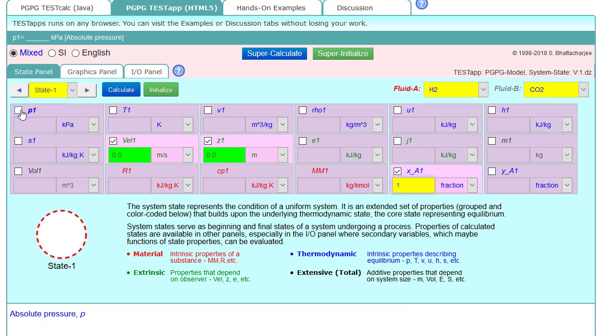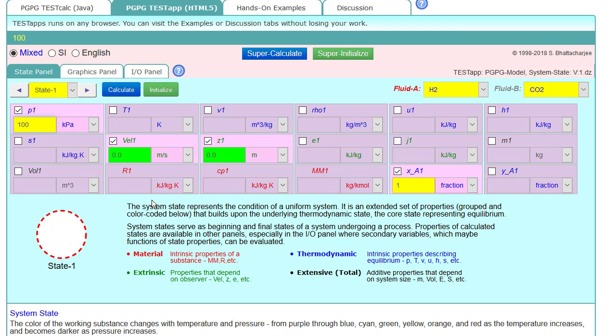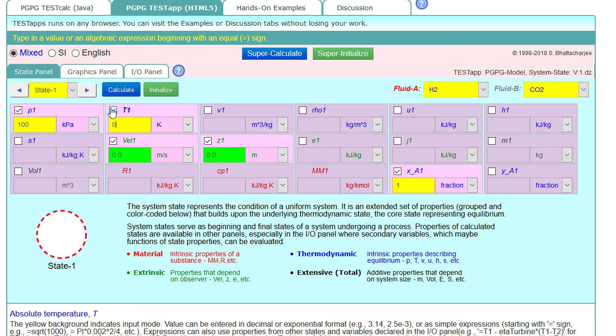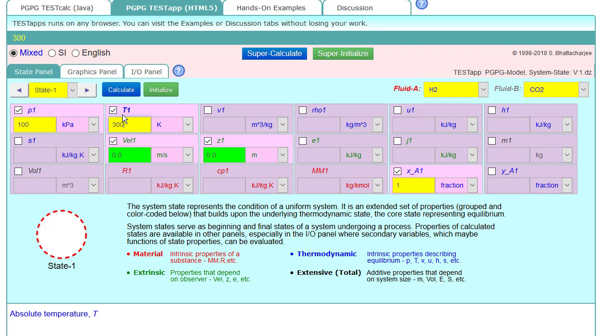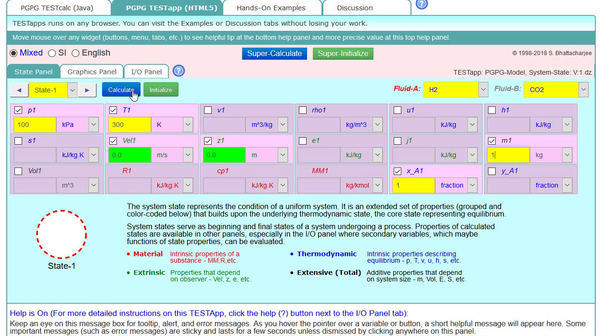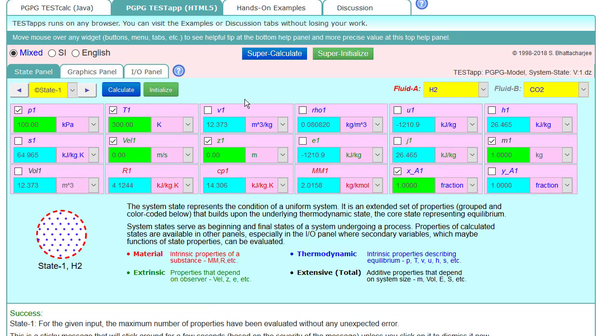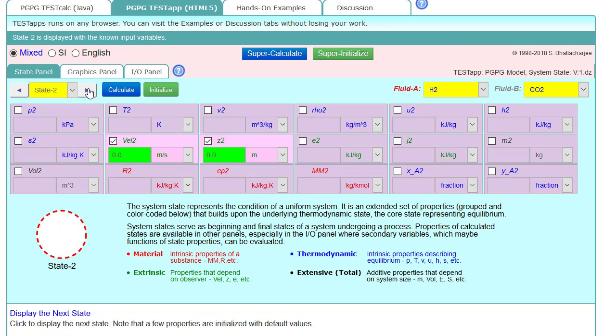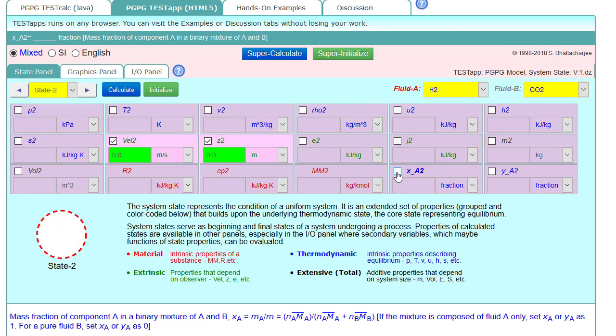And then we'll enter that the pressure was 100 kPa and temperature is 300 Kelvin. We know that the mass is 1 kilogram, and that should be enough information to get the rest of our thermodynamic properties. And then the next fluid was pure CO2.